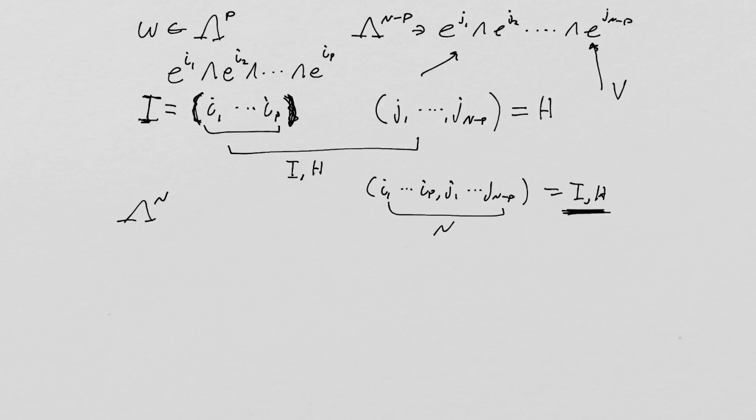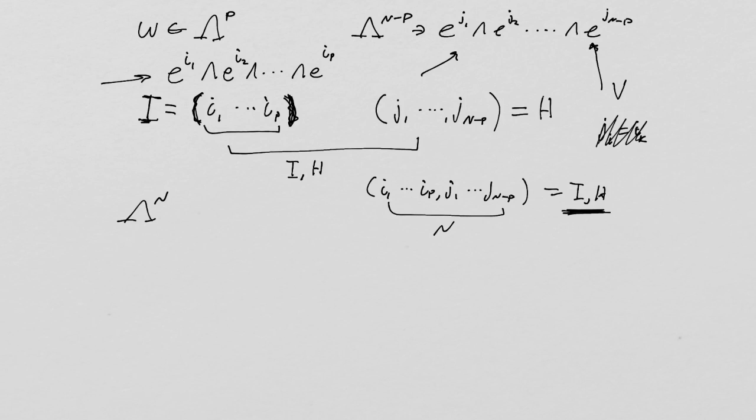So these are the same E's that we use for the pth exterior power. We use them in the n minus pth exterior power, and we just take J of those, and they're complementary. We know that J_i will never equal I_k, right? There's no i's and k's where these are equal. They're complementary sets.